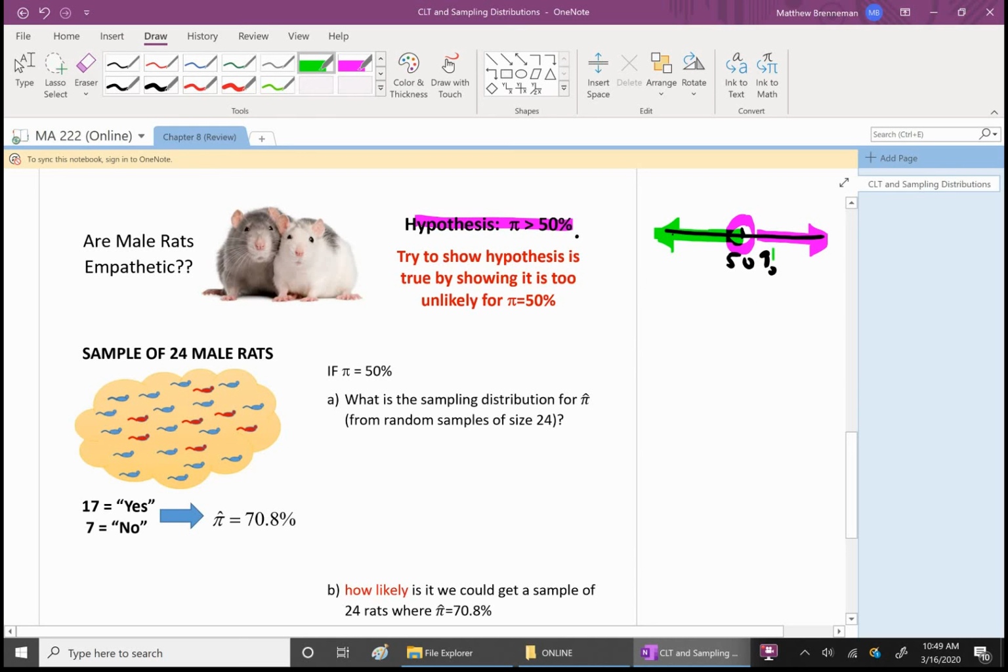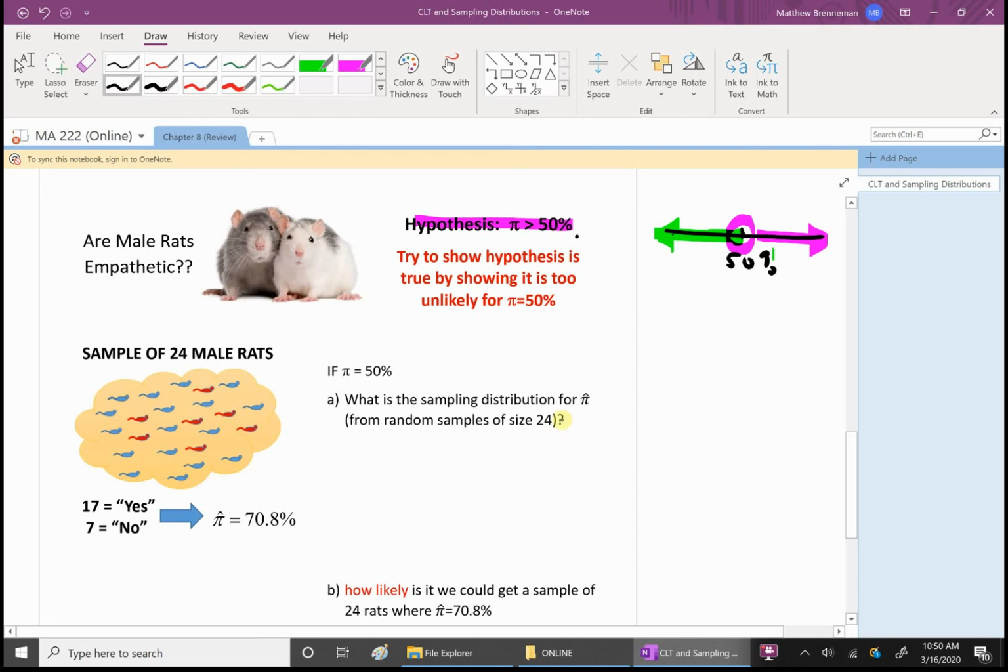So in our study, we had 24 male rats, 17 did open the door, 7 didn't, and so our sample percentage of male rats that opened the door was 70.8%. And so the first question we want to ask is, what is the sampling distribution for pi hat if we were taking random samples of size 24?